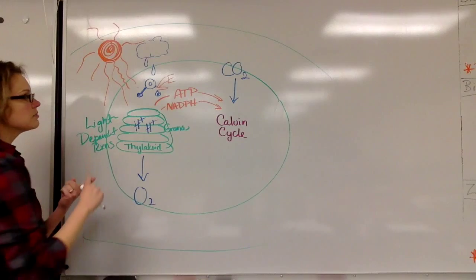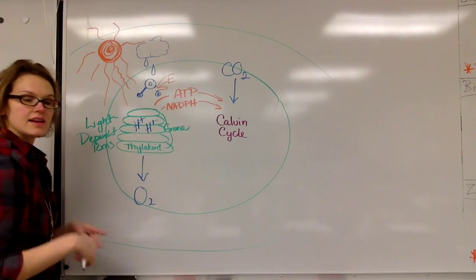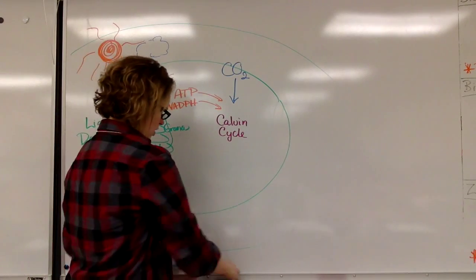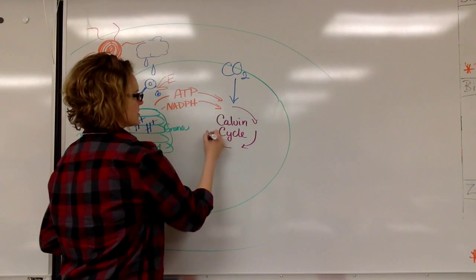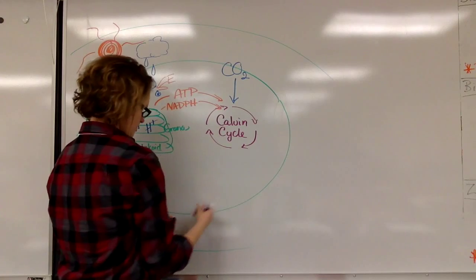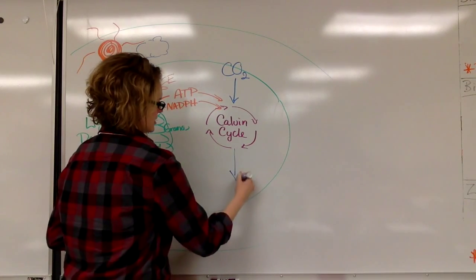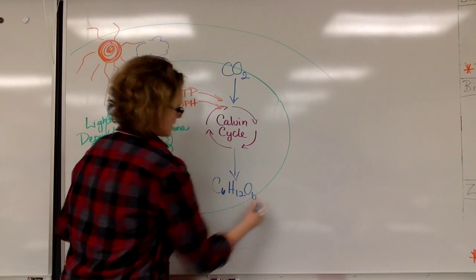We have sunlight, plants need that. Plants need water, and plants need carbon dioxide. And in turn, they give us oxygen, and then they will also give us carbohydrates through this process. The Calvin cycle gives us glucose, C6H12O6.